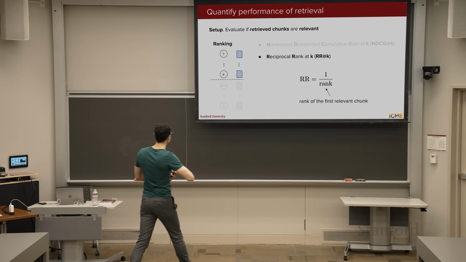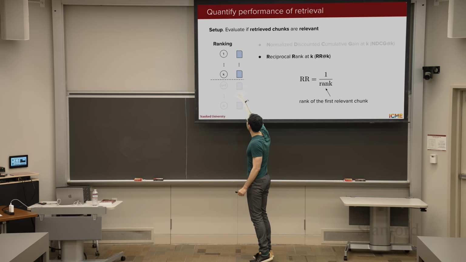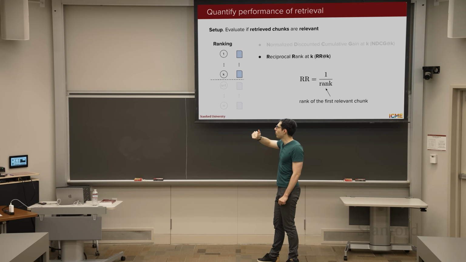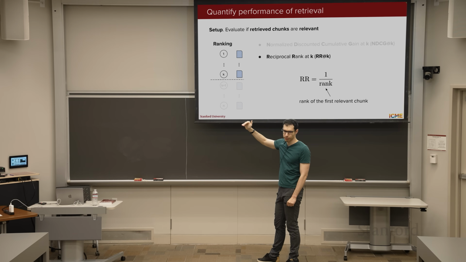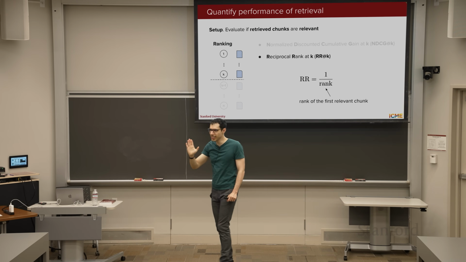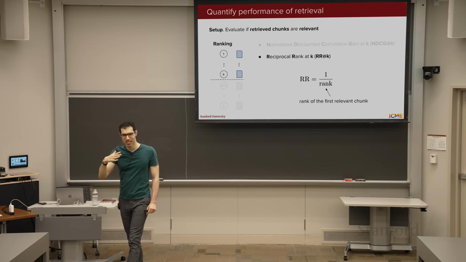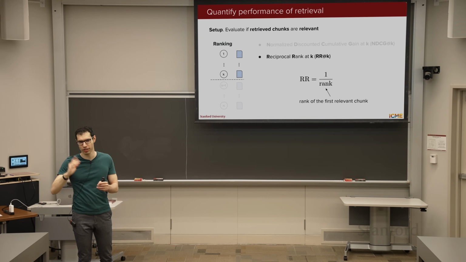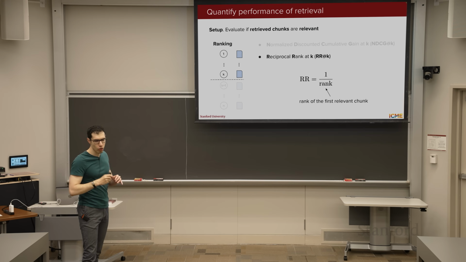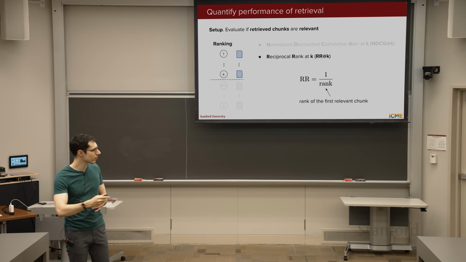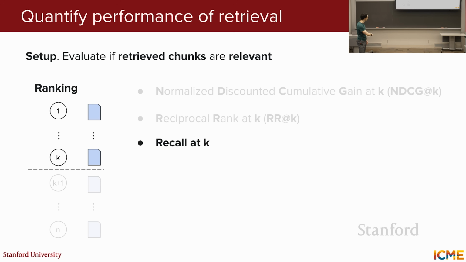So if, let's suppose, in your top k documents, the first relevant document comes at rank number 2, then rank will be equal to 2. So it basically does not care about any relevant documents that are past that first relevant document. So this is just like a simpler metric that typically correlates well. So that's why people use it.